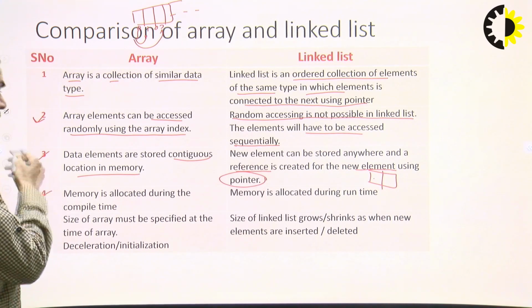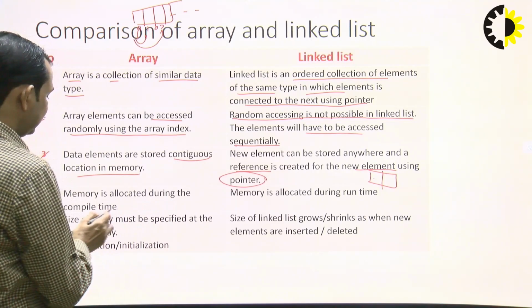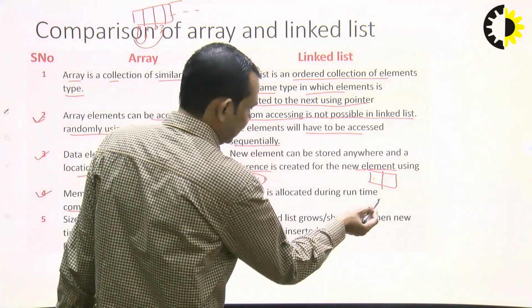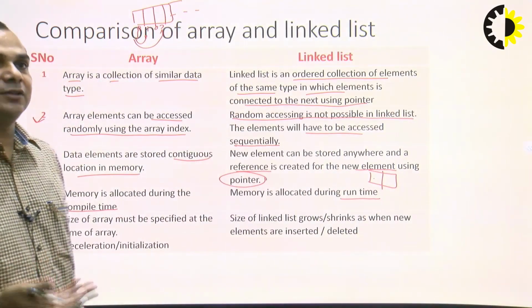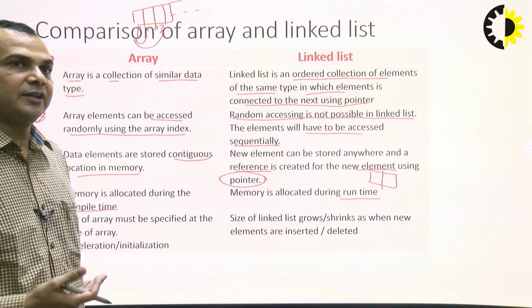Next one, in the memory allocation, when we are using the array, it is checked at compile time. But when we are using dynamic allocation, it is checked at run time. We can increase or decrease the size at runtime.